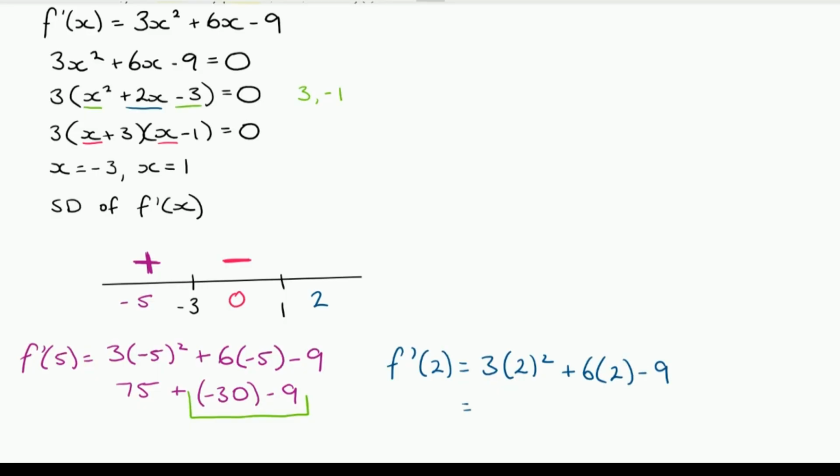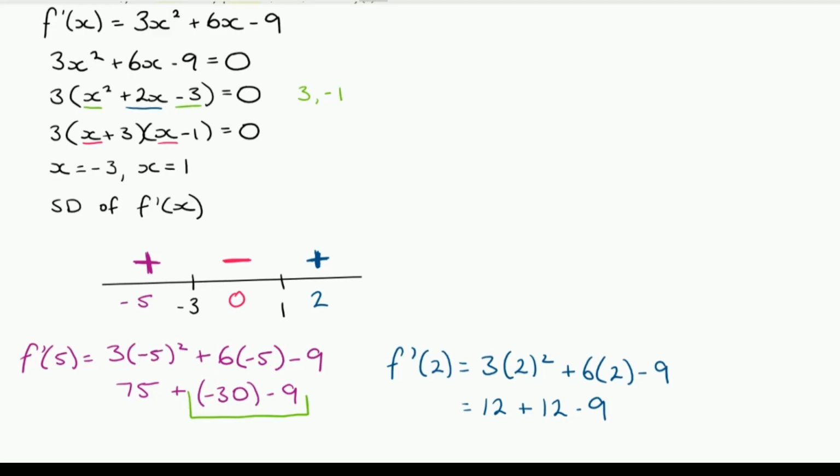So 2 squared is 4, and 4 times 3 is 12, plus 12, take 9. So I'm going to have 24 take 9, so of course that's still going to give me a positive over here. So now that we've completed our sign diagram, we can actually classify our critical points.